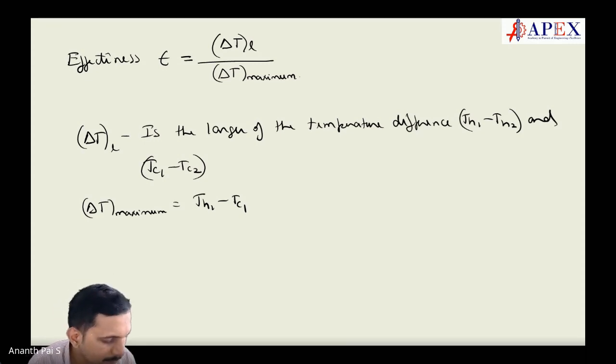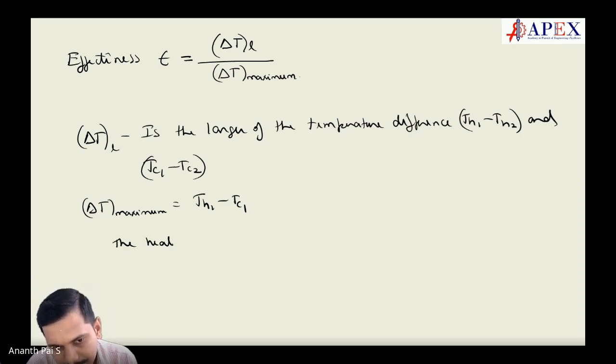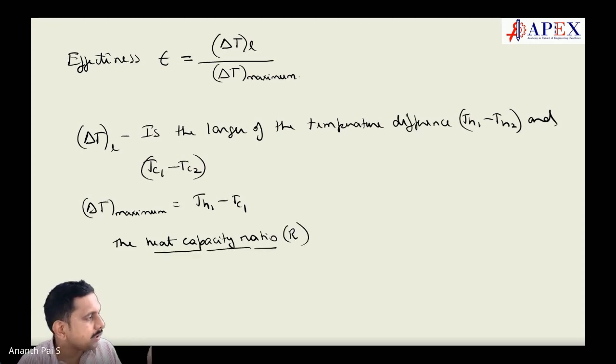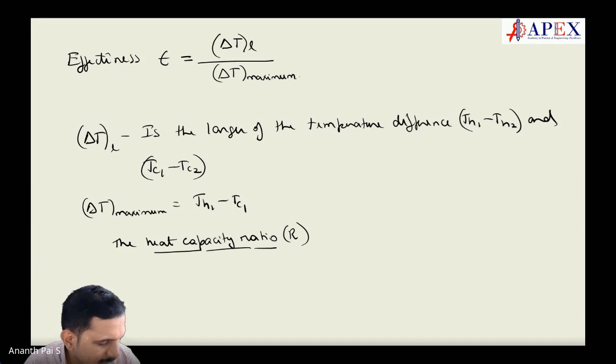Next, the heat capacity ratio. Write it along with me, students. The heat capacity ratio. In Nagade, it is given as R. In Senjal, it is given as C. It's okay, whatever be the case.